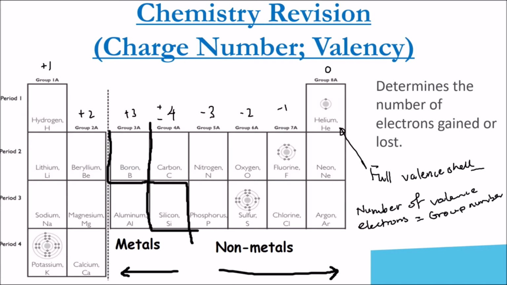So in the case of something like carbon in group 4, it will have 4 valence electrons. While something like neon in group 8 will have 8 valence electrons. Just note, helium is a special case. It only has 2 valence electrons. So that's the only exception to the rule we have so far in this table here.